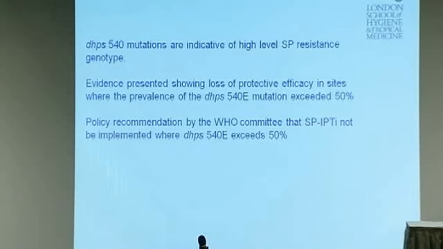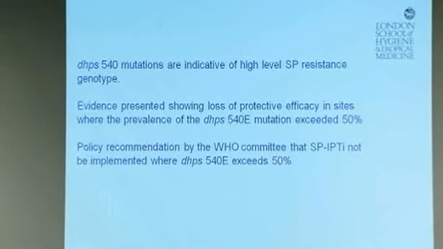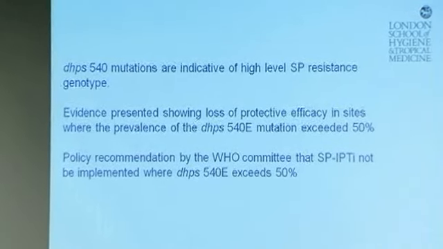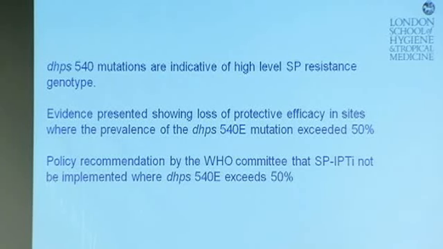Evidence presented to this committee showed a loss of protective efficacy of IPTi in sites where the prevalence of this mutation exceeded 50%. So the policy recommendation by the WHO was that SP-IPTi should not be implemented where the prevalence of DHPS 540 exceeds 50%.